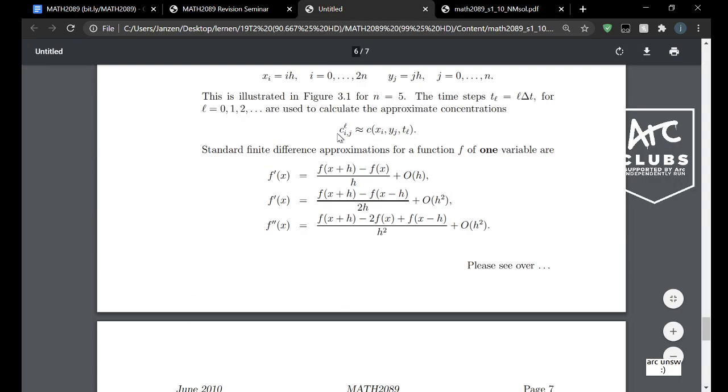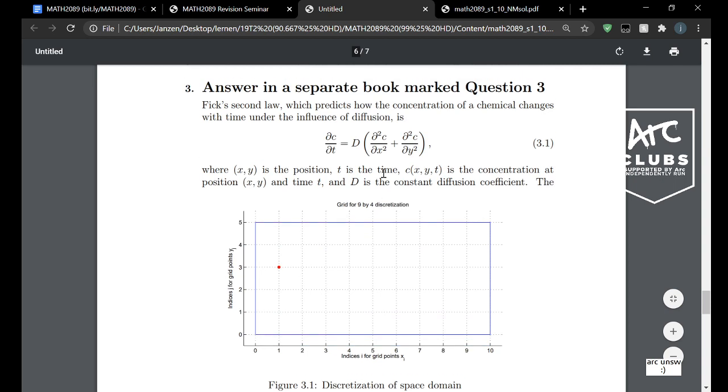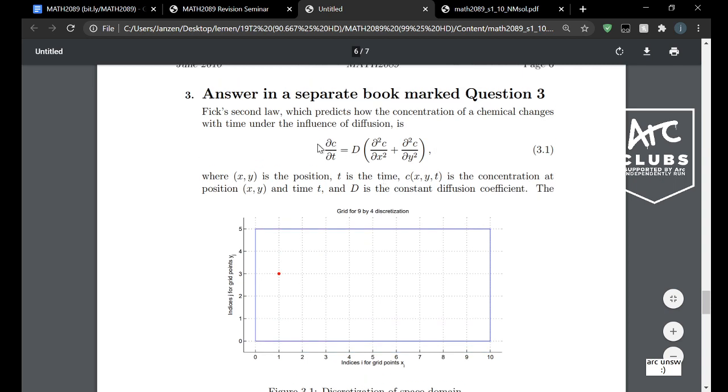The original PDE looked something like this, and because delta c on delta t is equal to 0, the steady state expression would just be these two terms being equated to 0.